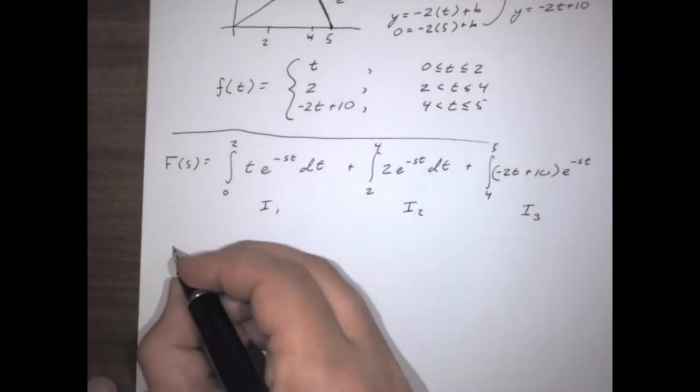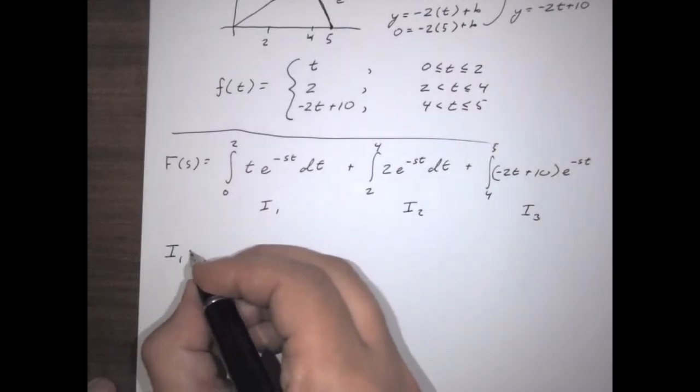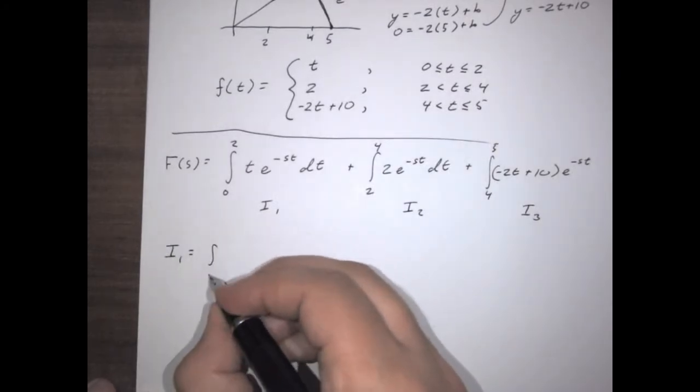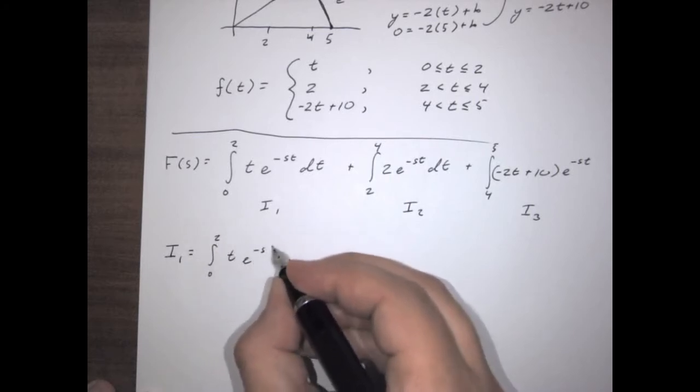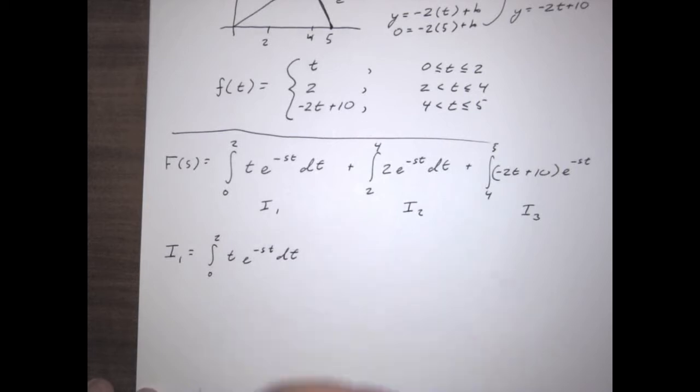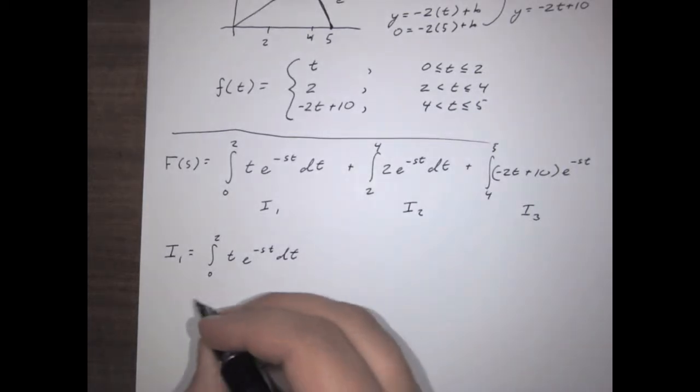So starting with I1, what we've got here is a classic case of integration by parts. So integral from 0 to 2, t e to the minus st dt.